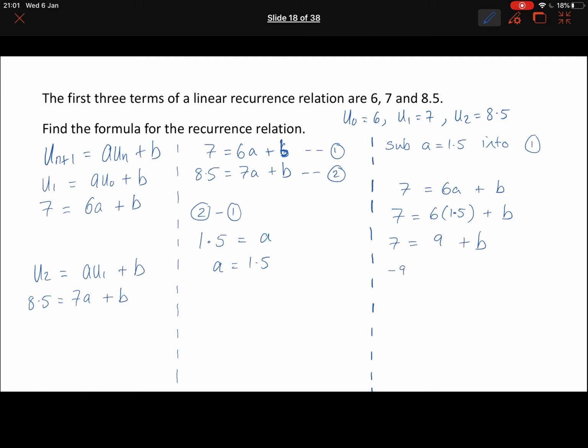If I subtract 9 from each side, I get negative 2 is equal to b, or b is equal to negative 2. So I'll just write them at the side. a was 1.5, b was equal to negative 2. Now I can use them to form my recurrence relation. So u(n+1) equals 1.5u(n), and this time it's subtract 2.